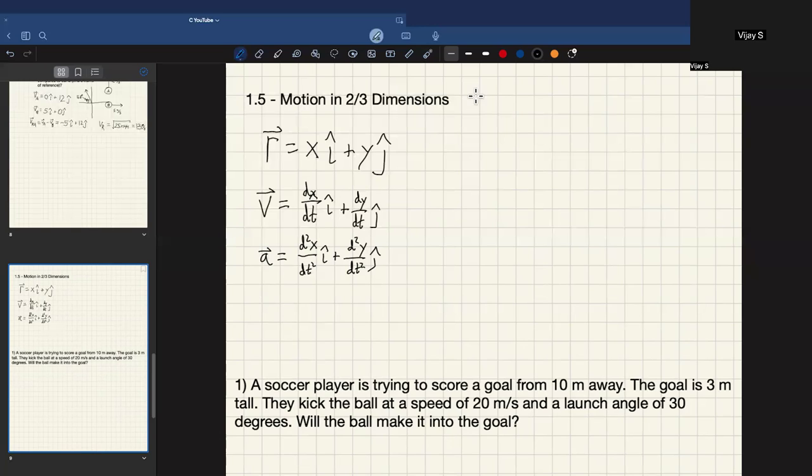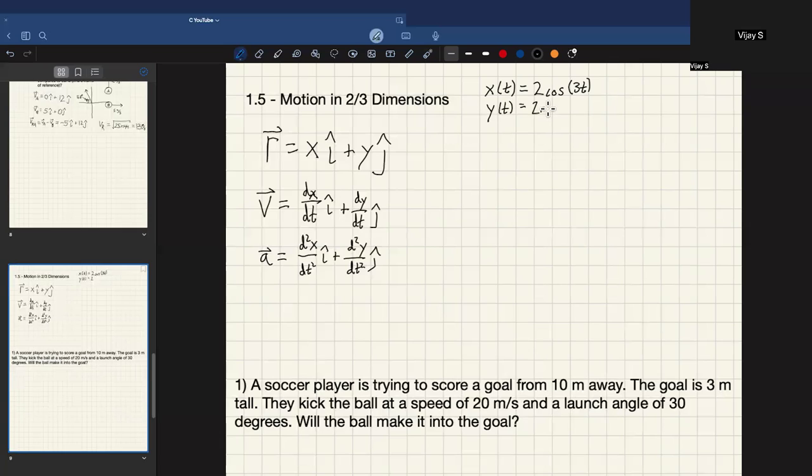I want to actually illustrate this with the use of an example. So let's say that you have an object and that object is undergoing motion given by the following. So its x coordinate of position is given by 2 cosine of 3t, and then its y coordinate for its position is given by 2 sine of 3t.